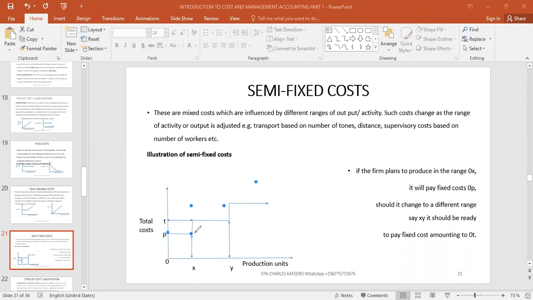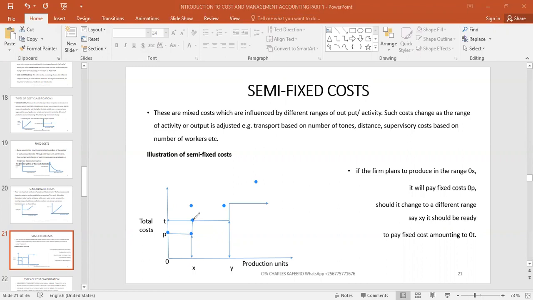If, let's say, the rent expense was 10 million, we are starting from the 10 million and stepping up to a certain amount. Meaning from OP, it will be the same as from PT, or it will depend on the amount someone is being paid.